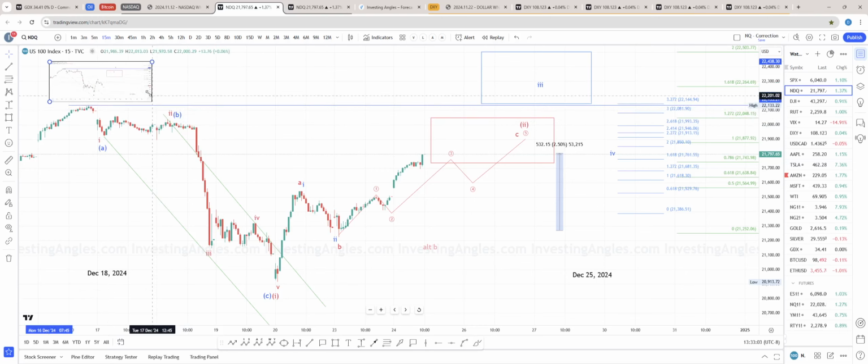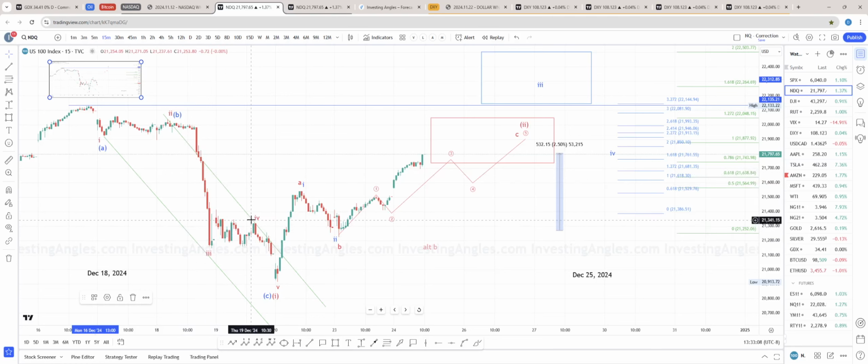So what we can see here, there is a possibility that the index formed a fairly strong impulse of the most recent all-time high, and this could be wave 1 of a bigger correction, or it could be wave A as well. So far we are seeing the very strong wave of the bottom, then a retrace for possibly wave 2 or B, and now the index is forming an impulse.